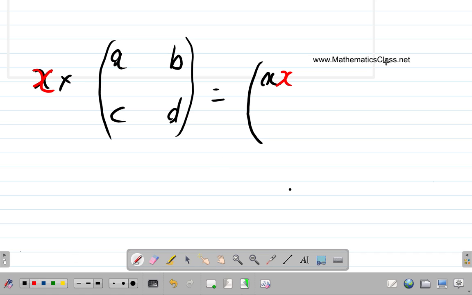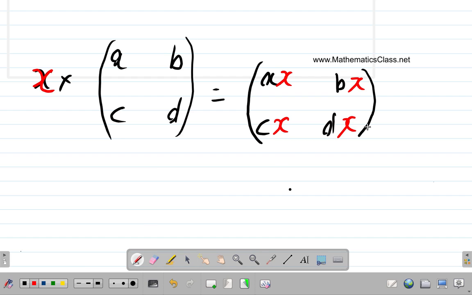You see that? Then the next element is going to be, what do you think? BX, because B must be multiplied by X. X times A and X times B. Then after that is X times C and X times D. So you will have CX, and then after that is DX.